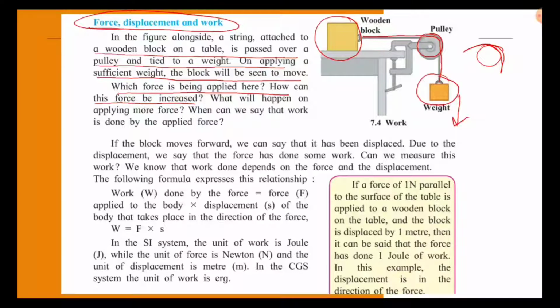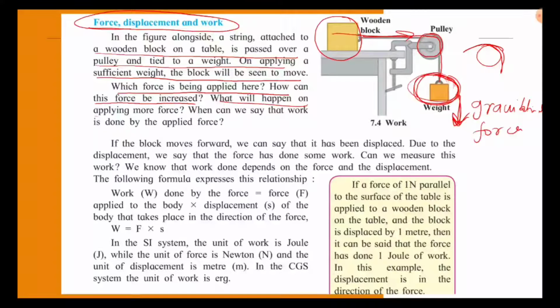You are not pushing this weight, but the weight itself is going downwards. So which force has been applied? The gravitational force is applied over here. Why? Because we are not pulling this weight, but the earth itself is pulling the weight downwards, and then when the weight is pulled downwards, the block moves to the right-hand side.